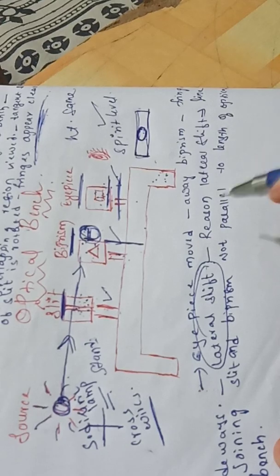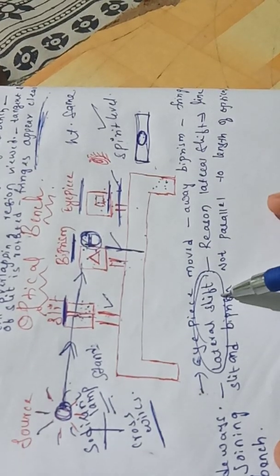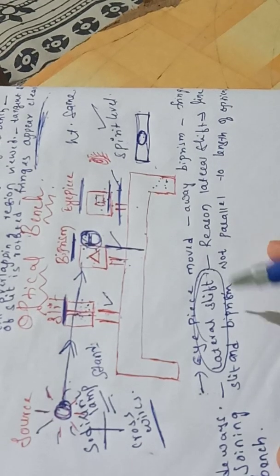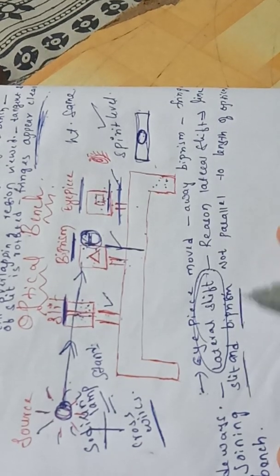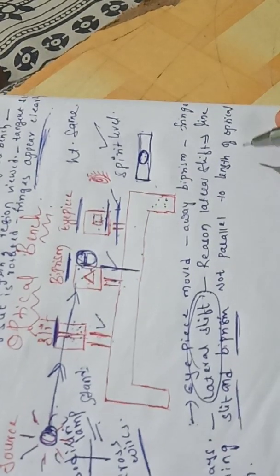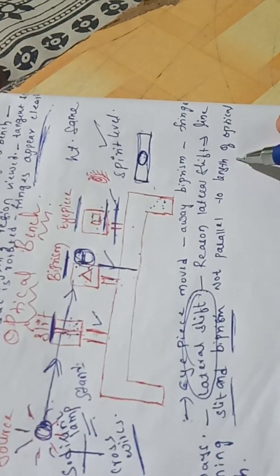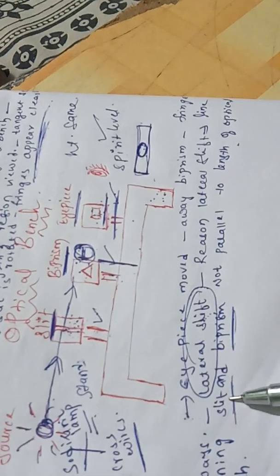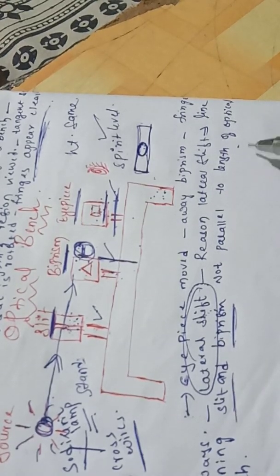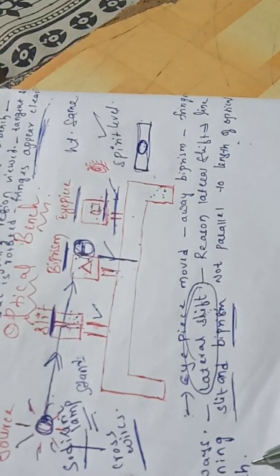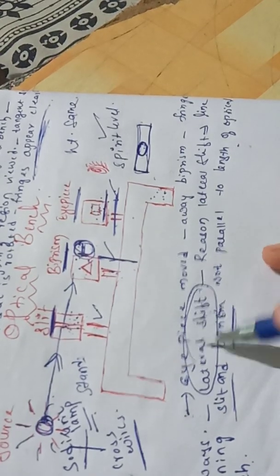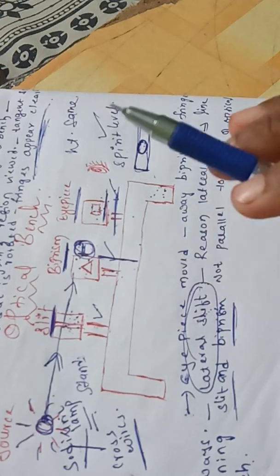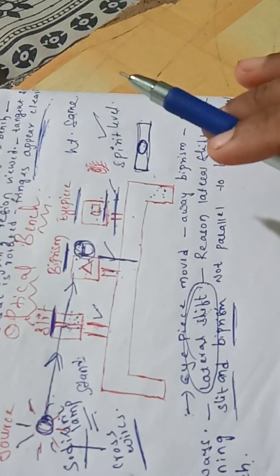The reason for this lateral shift is that the line joining the slit and biprism is not parallel to the length of the optical bench. So we have to remove this lateral shift. Then only can we find a sustained interference pattern.